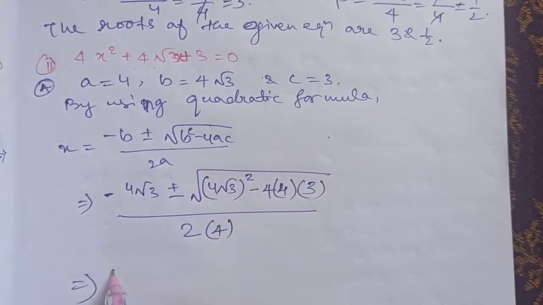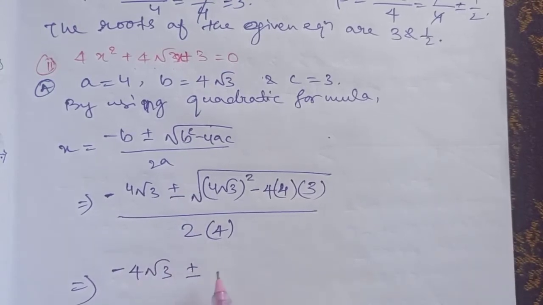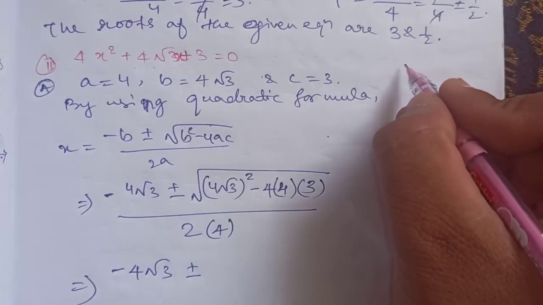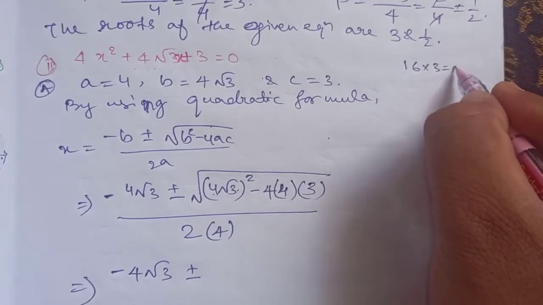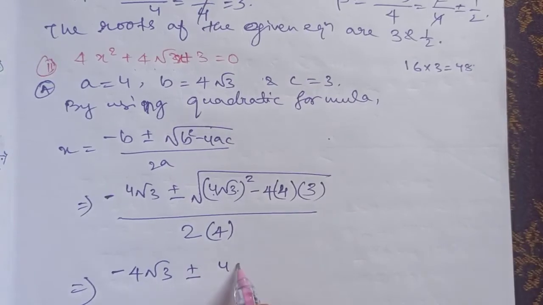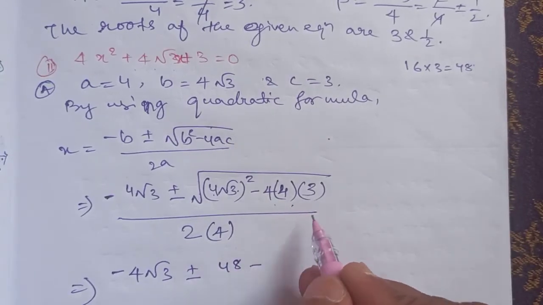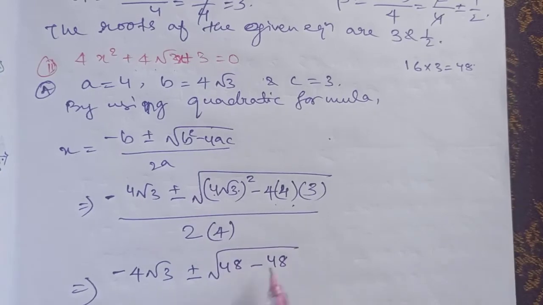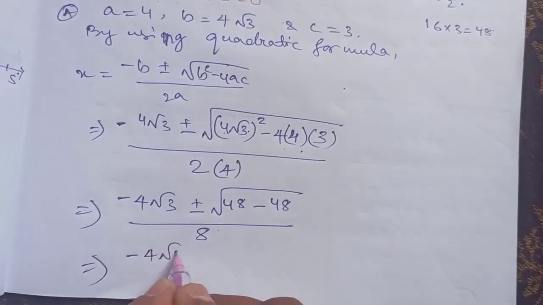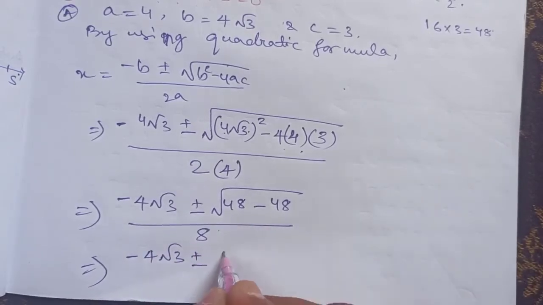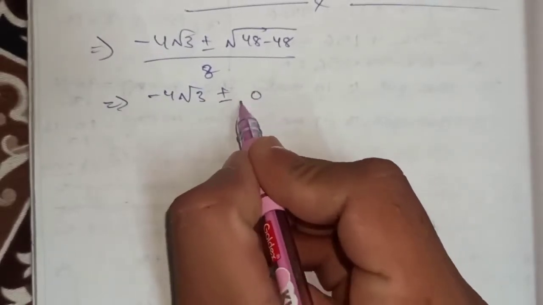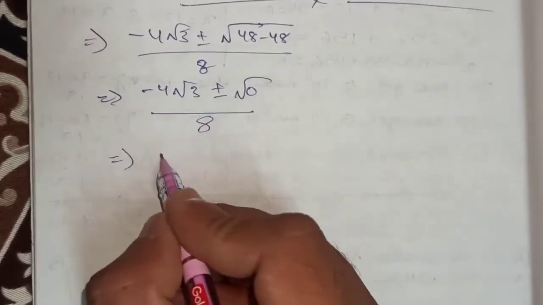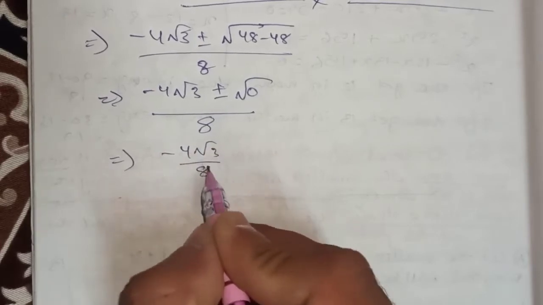A is 4. Minus 4 root 3 plus or minus 4 root 3 into 4 root 3, how much? 4 4s are 16, root 3 into root 3 is 3, 16 3s are 48. So here we get 48 minus 4 4s are 16, 16 3s are 48, divided by 8. Now minus 4 root 3 plus or minus root of 48 minus 48, which is 0, divided by 8.